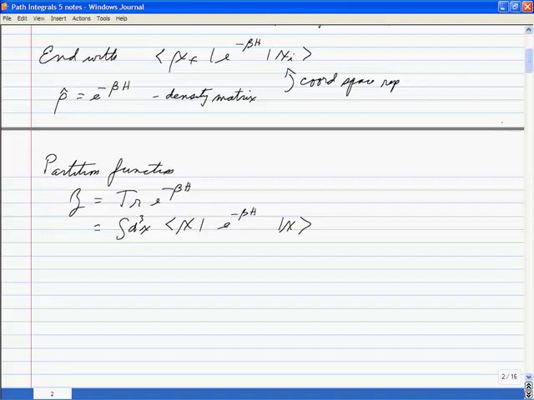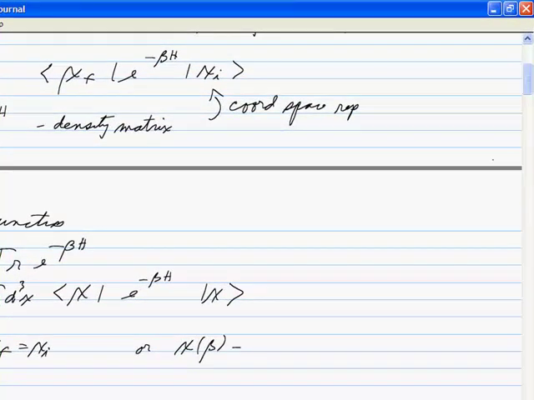Okay? So to do that, you have to identify the final position and the initial position, x_f equals x_i, or really x of tau equals beta is x of 0, so this is periodic boundary conditions.